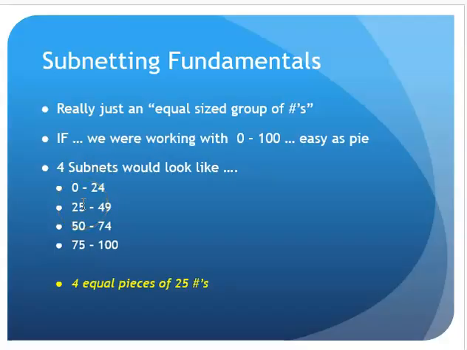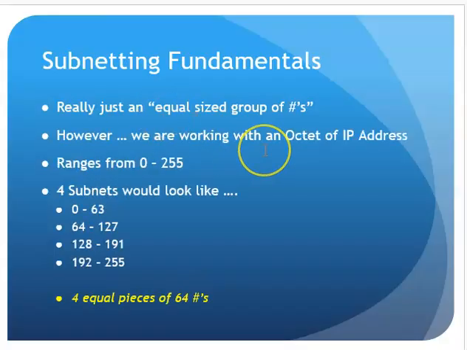Okay, yeah, we start with 0. 0 is a number. So if I were dealing with 0 to 100, this would be pretty easy. 10 equal pieces, 0 to 9, 10 to 19, and so forth. Easy peasy. Unfortunately, we're working with 0 to 255, so the numbers look a little funnier. But it's the same idea.